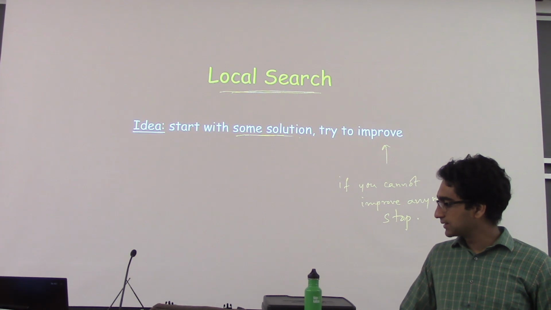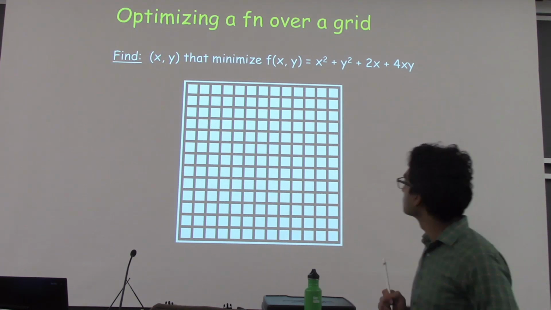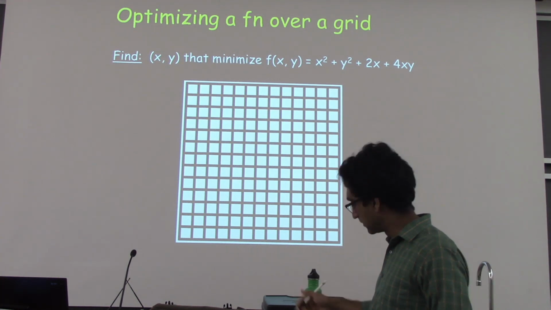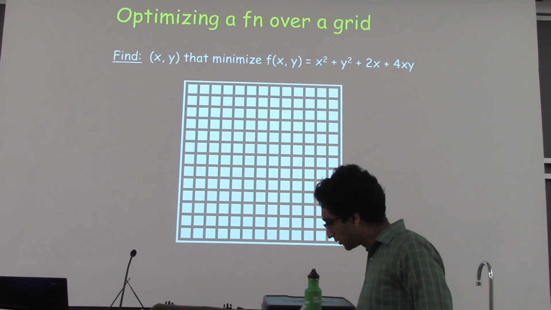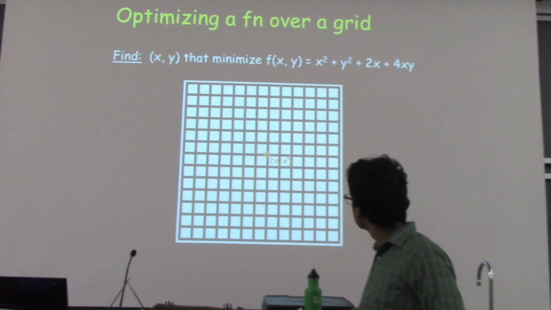Let's look at a very simple example to start with. Let's say you have a grid. Think of this as some finite domain. This is the origin. Can you see this?